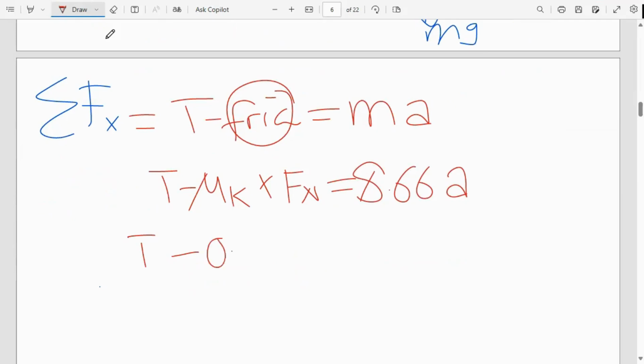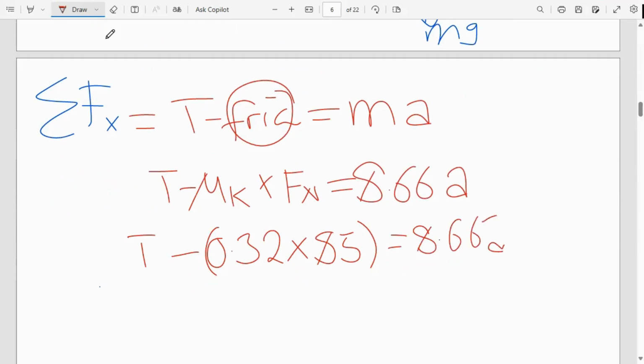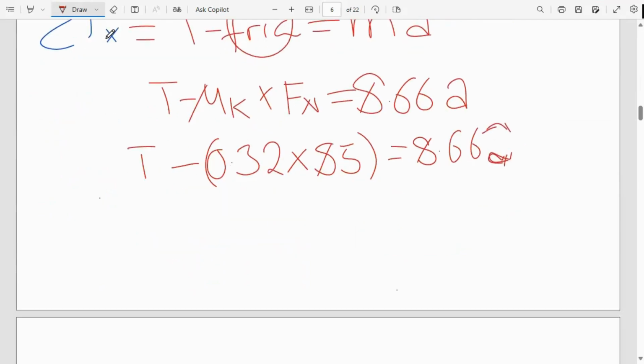It is 0.32. I put this in brackets, multiplied by the normal force, which is 85. And this will be equal to 8.66A. Remember, this is for the object that is on the table. I'm failing to write my A here. I don't know what's showing up on the screen. It's having difficulties writing at that area of the screen.